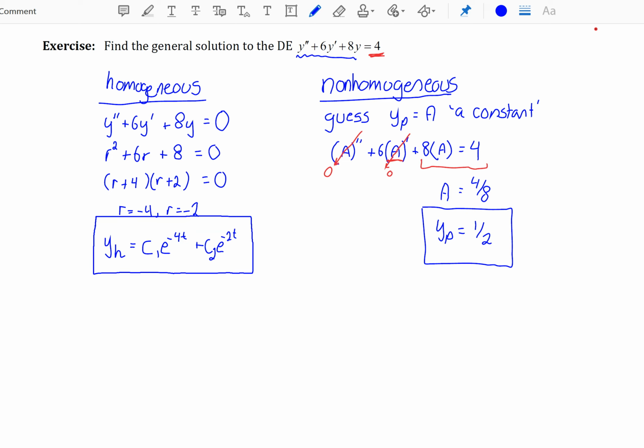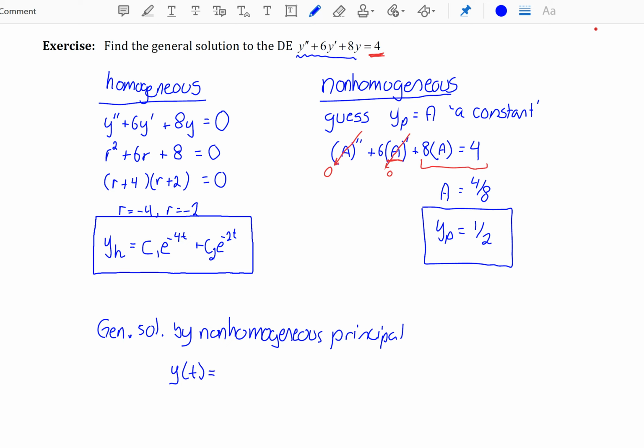Okay. Now we get to use the non-homogeneous principle to write the general solution. And it'll have to be y of t.